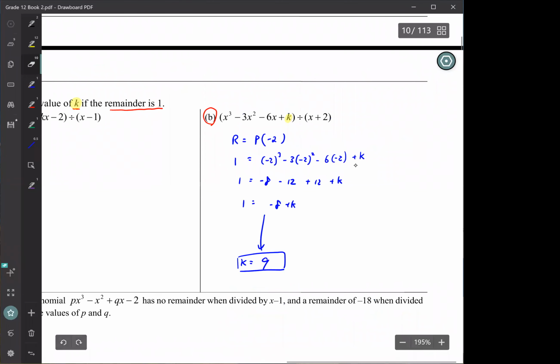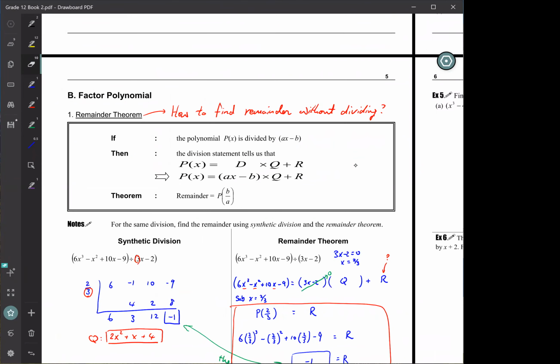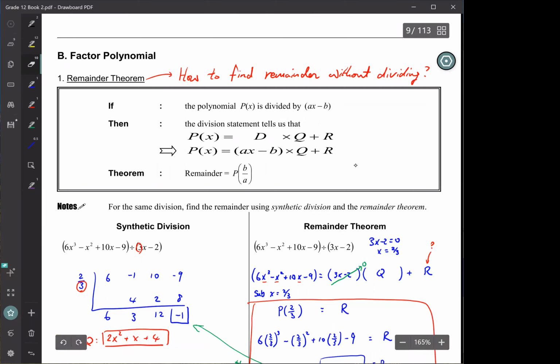So let's summarize it, right? Go back to the previous page. Remainder theorem, okay? Let's put the remainder theorem in one sentence, so it's easier for you to understand. So we'll just write it here.